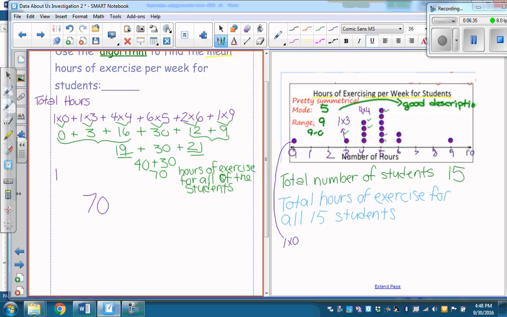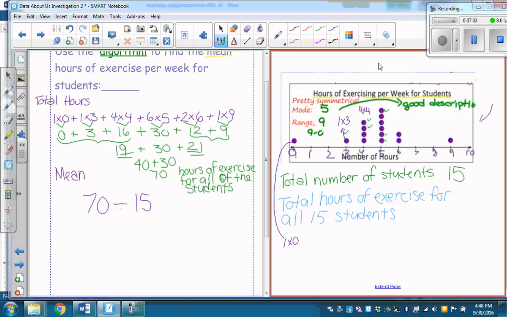So to find the mean, I take my total number of hours divided by the number of students that were sampled. So for example, if this survey, 15 students were asked, how much do you exercise a week? And then they answered the question. Then we created the dot plot, and now we're figuring out the mean.